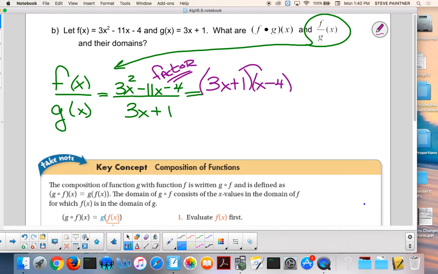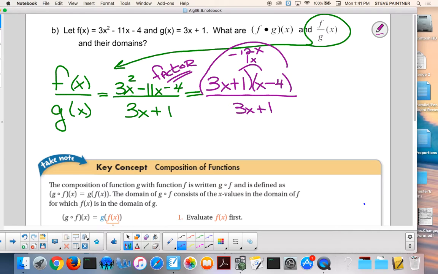Be careful. That's 1x. That's negative 12x. He got it. Okay? That's what we have, negative 11x. That's correct. Over what? Did you factor the bottom? No, because you can't. There's no GCF. It's not the difference of two perfect squares, so you can't factor the bottom.